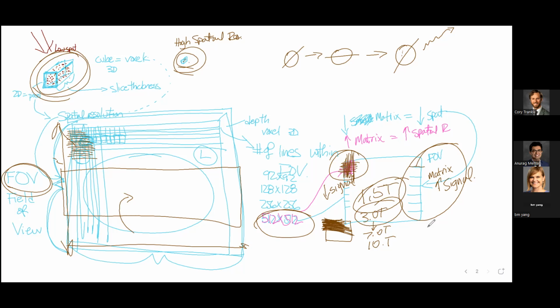One quick thing you need to keep in mind: as you go up in field strength, this whole process, and we're going to talk about this next week, gets very sensitive to motion. Well, guess what? You're doing cardiovascular work. The heart's moving, people are breathing, blood is flowing.